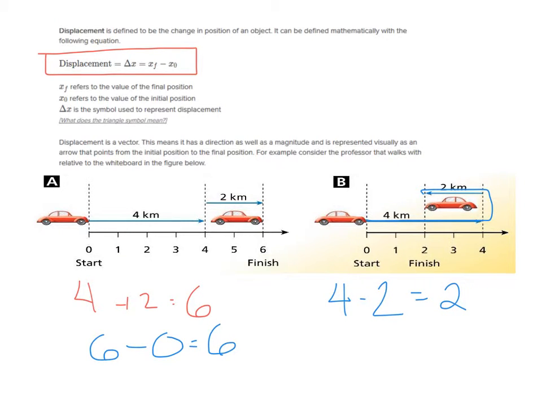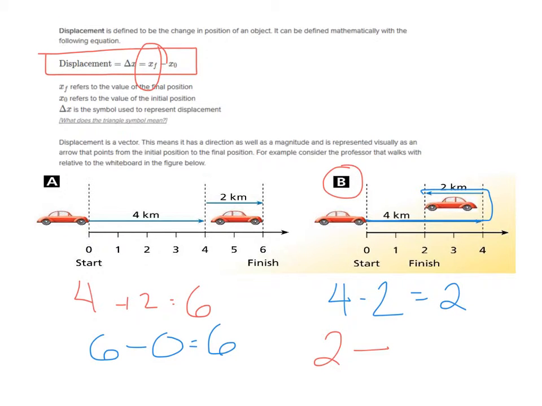With picture B, we notice another change that should be made to our textbooks. Again, the final position is where we start. And so our final position is actually 2 kilometers.